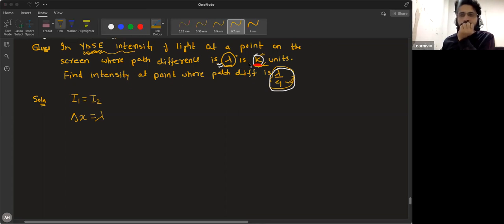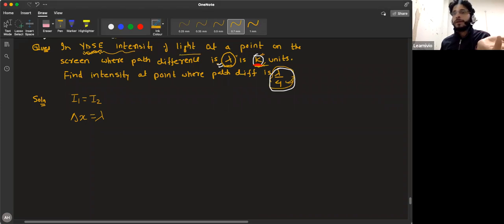Lambda? K can't be lambda. What is k? I'm asking about k. See, here this k is the intensity of light at a point. This k here is your resultant intensity.